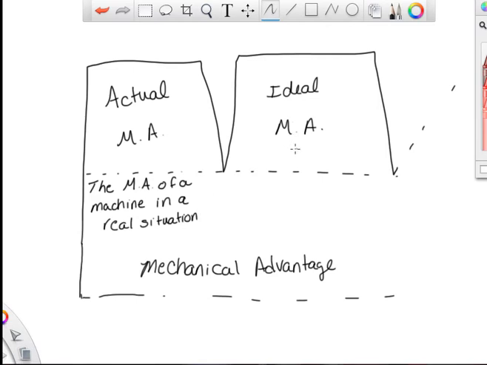But your ideal is the mechanical advantage of a machine without friction. It's pretty much not going to happen in the real world. We have air. We know air resistance is a type of friction, so we always have friction.